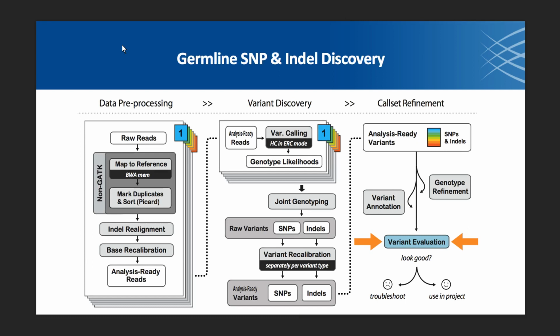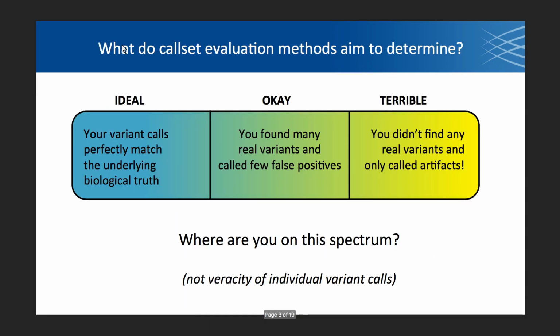Okay, so here we are. We have a VCF. It has all the variants for the samples that we're interested in. We've done all the steps. We've reached the end, and we need to hand this off to the next person who's going to do some analysis. But before that, we want to make sure that we didn't make any mistakes, that we filtered it at the right place, that there are no bugs in our pipeline, etc. So basically, we would like to know where on this spectrum our call set lies.